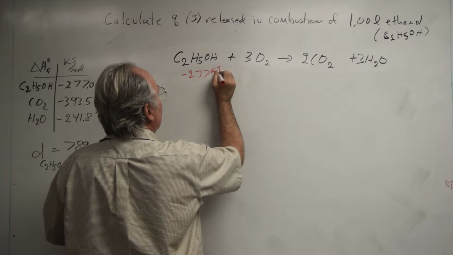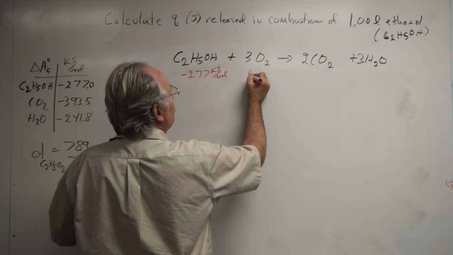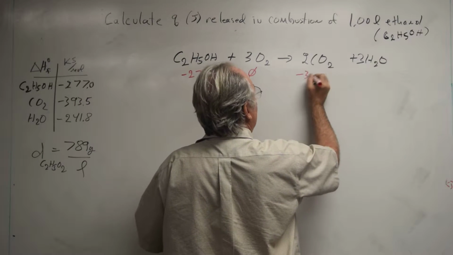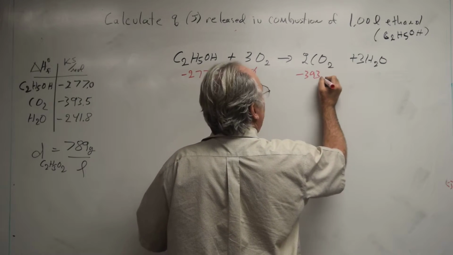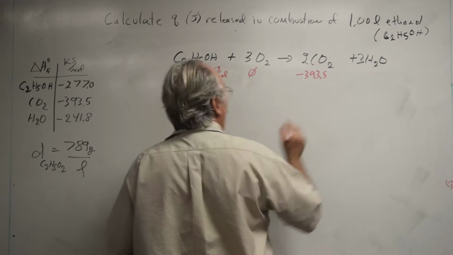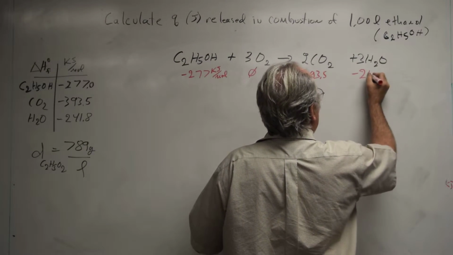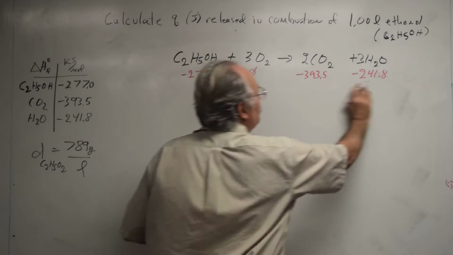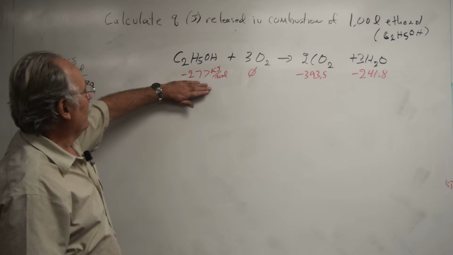I'll just write it here, kilojoules per mole. This is 0. The carbon dioxide is minus 393.5, and I'm going to omit the units because it's the same units. And the water is minus 241.8, and I'm going to omit the units because I'm just writing down the enthalpies of formation I'm given.